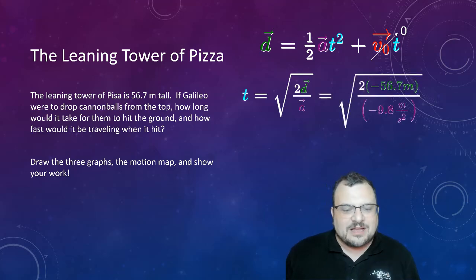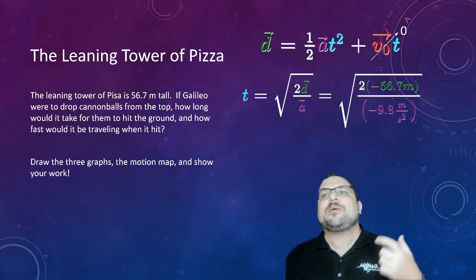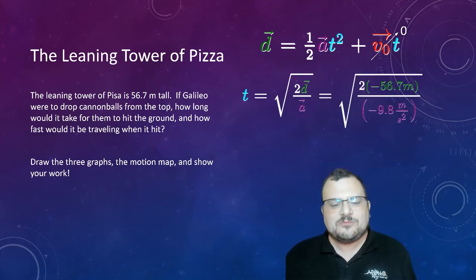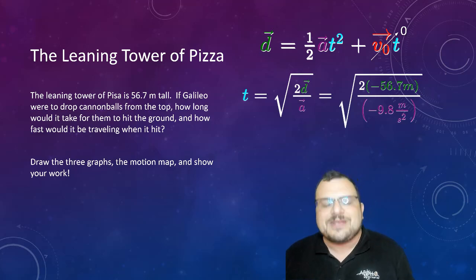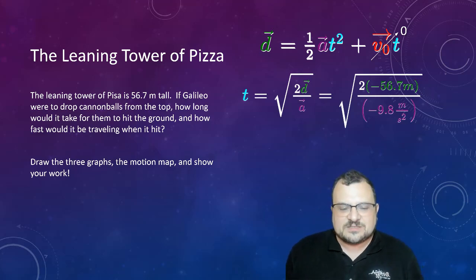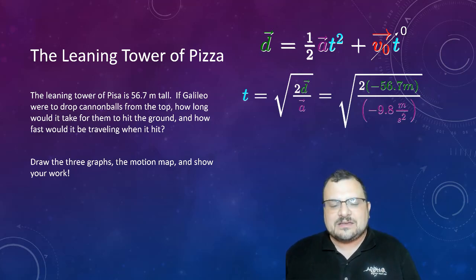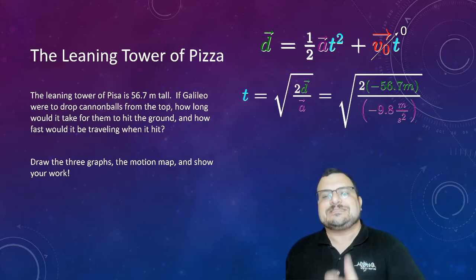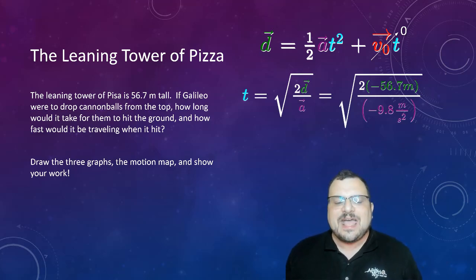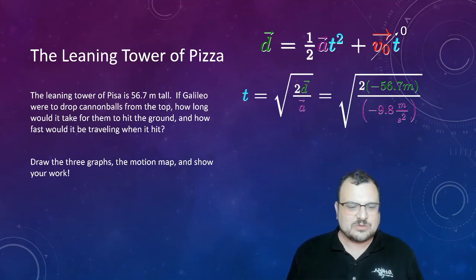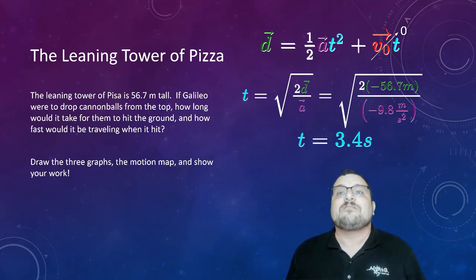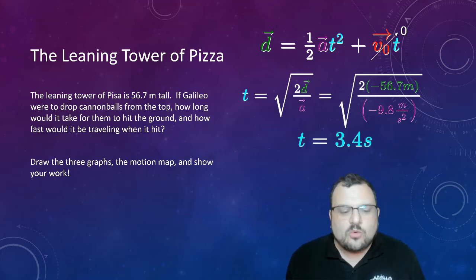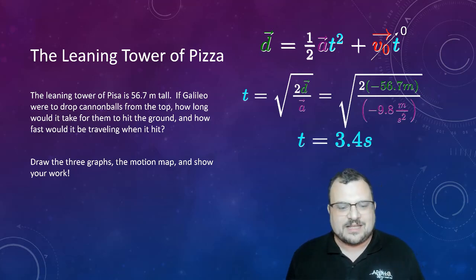We are going down 56.7 meters, so our displacement is negative 56.7. The acceleration again is down, so it's negative 9.8 meters per second squared. We do that math and find that it's 3.4 seconds to hit the ground.